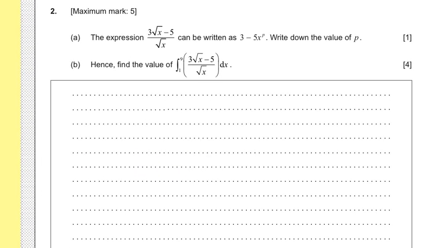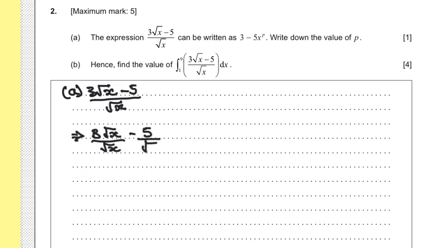If I take the expression 3 root x minus 5 over root x and split it up, so therefore I get 3 root x over root x minus 5 over root x.